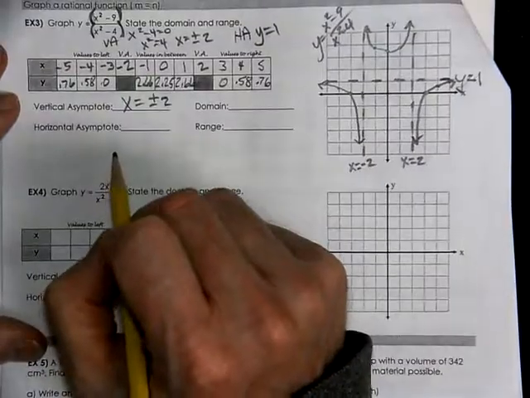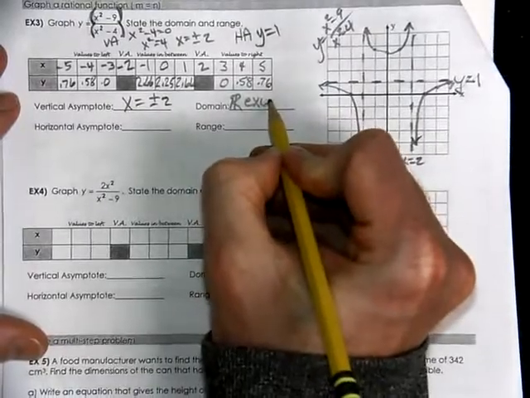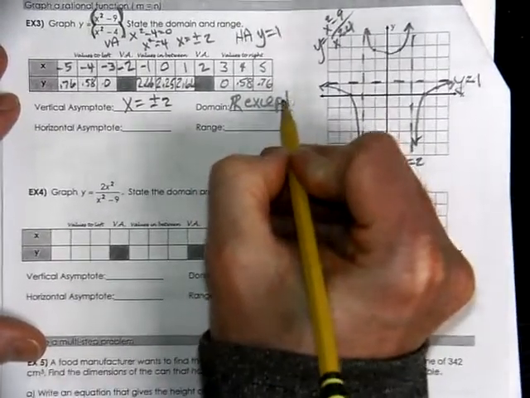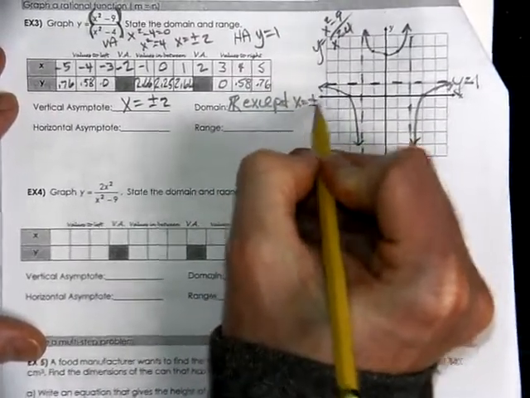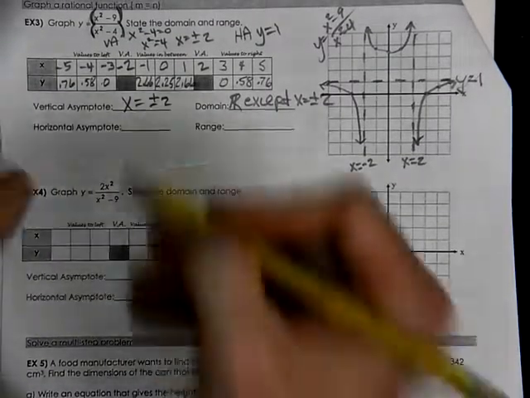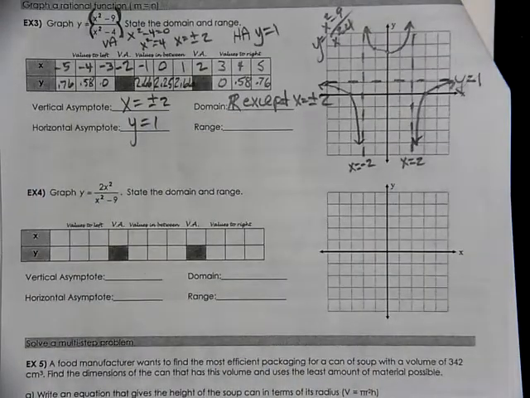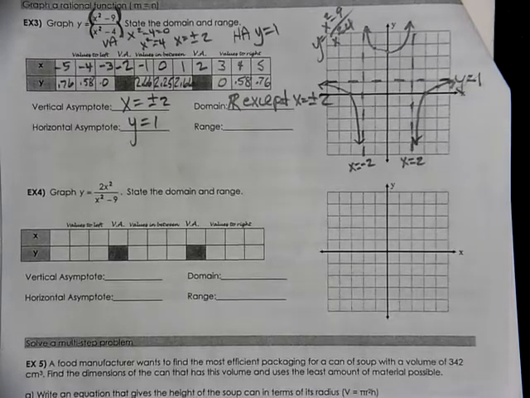So in terms of a domain, we can plug all real numbers except x equals plus or minus 2. The horizontal asymptote is y equals 1. But what are we going to call a range? This range is a little complicated.